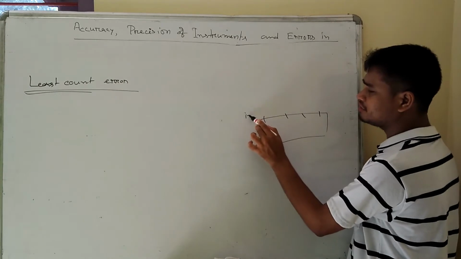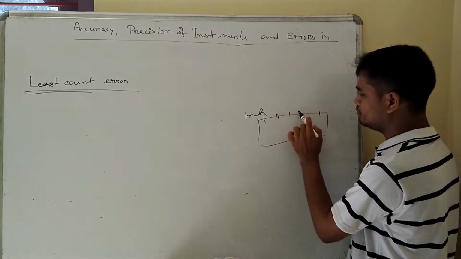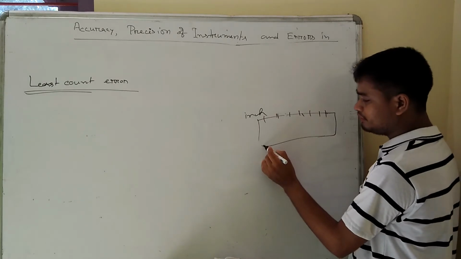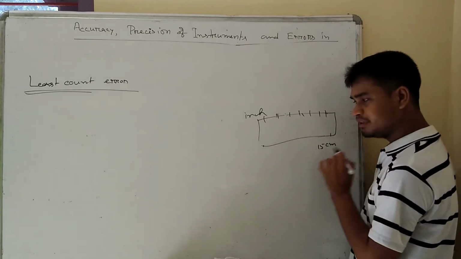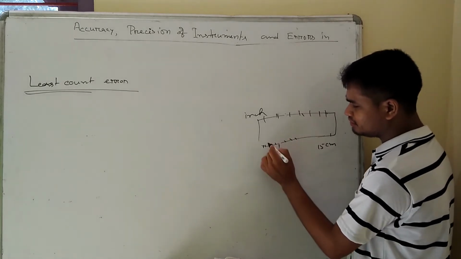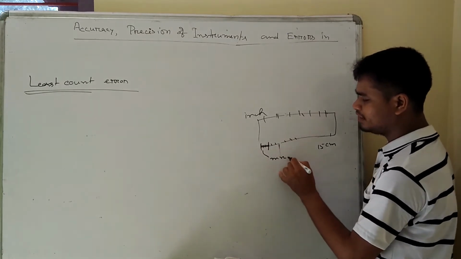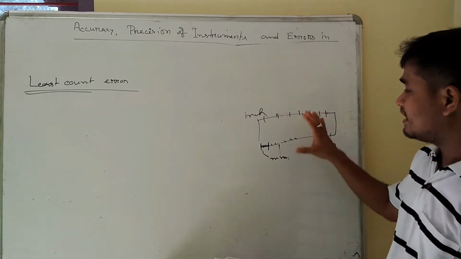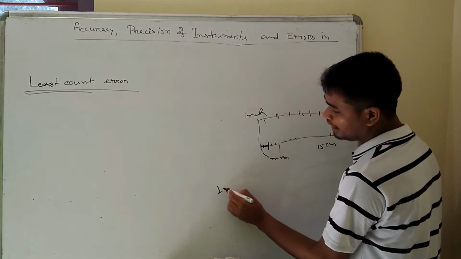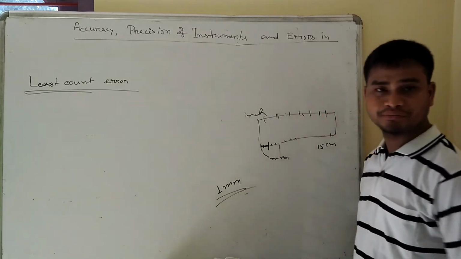In one scale there are inches, and there are 6 inches, a 6-inch scale, and there is also a 15 centimeter scale. Okay, like this. This is 1 centimeter, 2 centimeter, like this. Okay, this is 1 centimeter. There are small divisions which are called millimeters. By this scale, the minimum value we can measure is how much? 1 millimeter. We can accurately measure 1 millimeter.